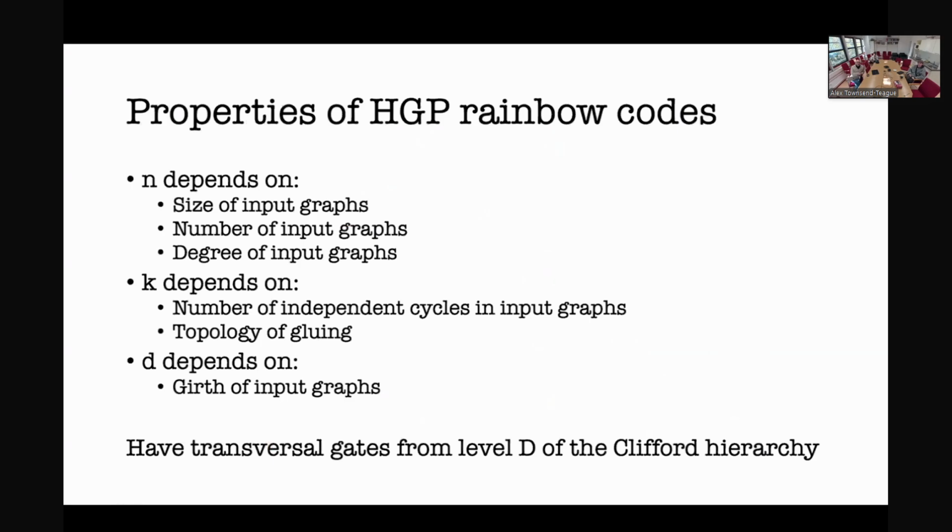You have all the properties that you would want for a good code, which you get from the pin codes, and on top of the beautiful scalings, you have transversal T and T dagger gates and so on. There must be some drawback to this somehow, and the drawback is that you get pretty stiff weights of your measurements.